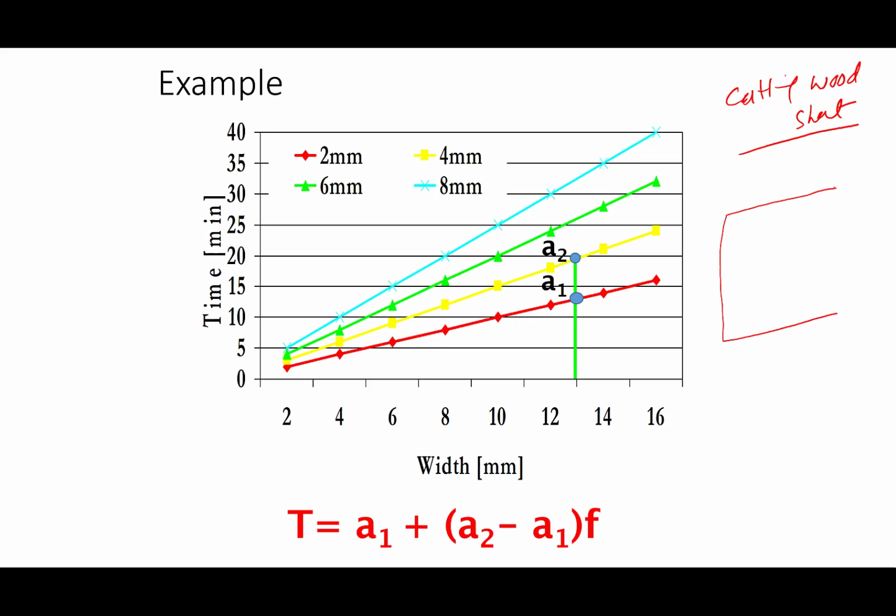So this dimension is W, on which the cut is being made like this. And then here we have the thickness. This thickness can be say 2 mm, 4 mm, 6 mm, 8 mm, like this. There can be different thicknesses.